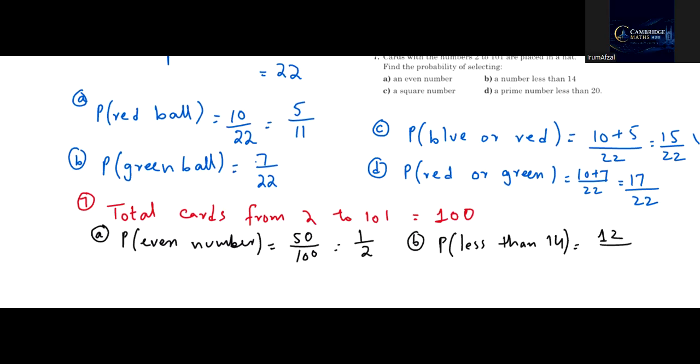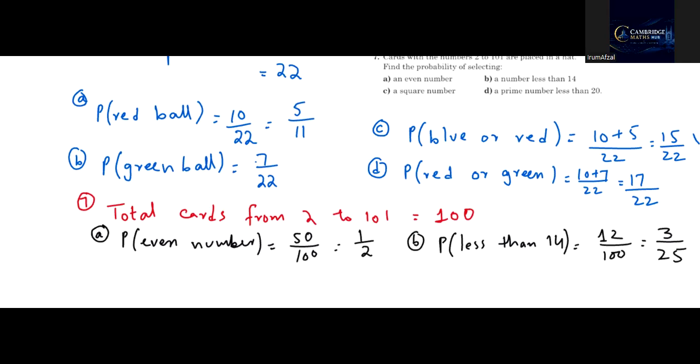This can be simplified: 4 times 3 is 12 and 4 times 25 is 100. Just remember the numbers start from 2, so they run 2 to 13, and then we reach 14. Total 12 numbers.